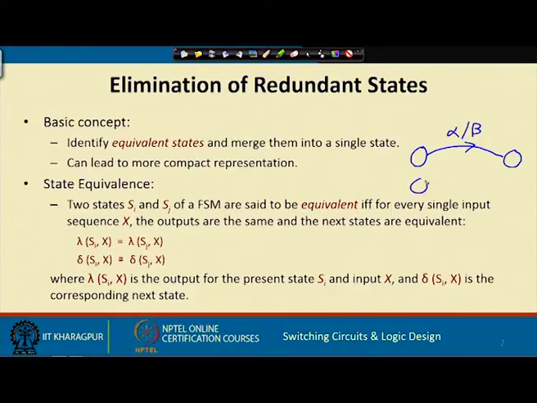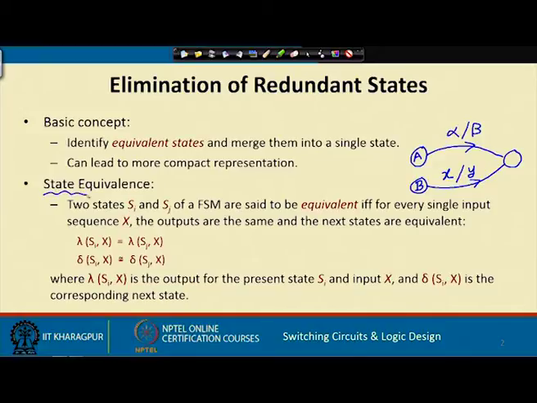There may be some other state which is possibly going to the same state, they may be having some other inputs and some other outputs. Now, we are trying to answer the question, these two states A and B, whether they are equivalent or not, right. So, let us try to answer this question in a slightly formal way.